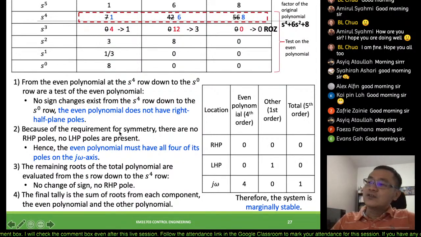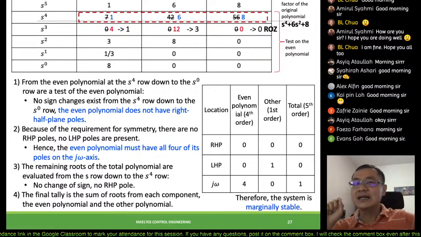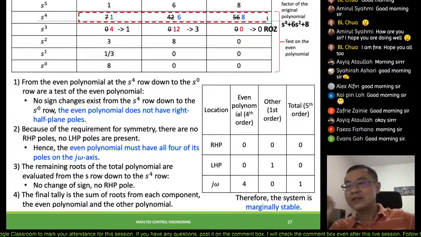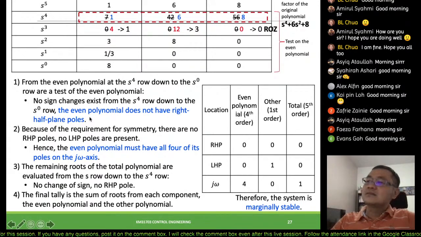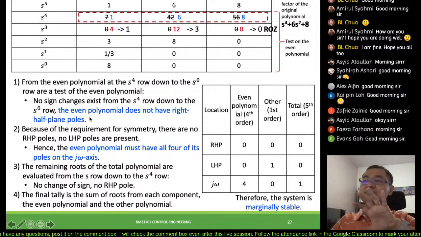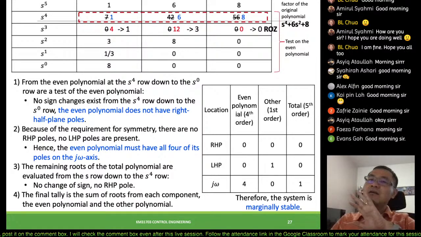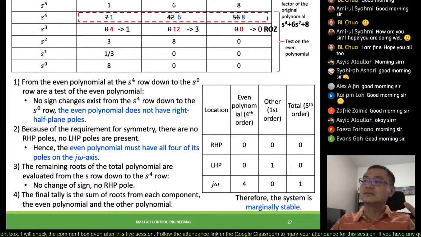And then because of the requirement of this symmetry, remember, whenever we see a row of 0, meaning to say there is a symmetry problem, it must be symmetrical about the origin, since everything must be on the left half plane, okay.